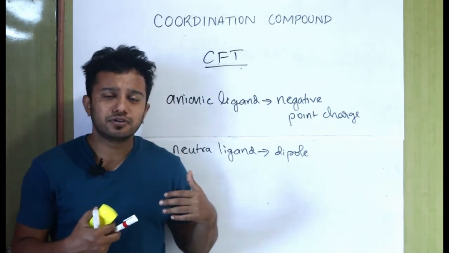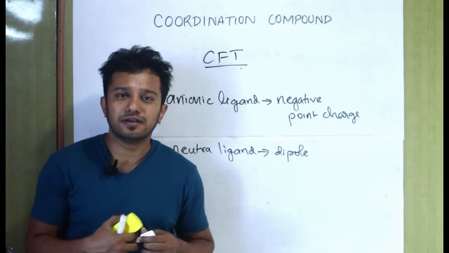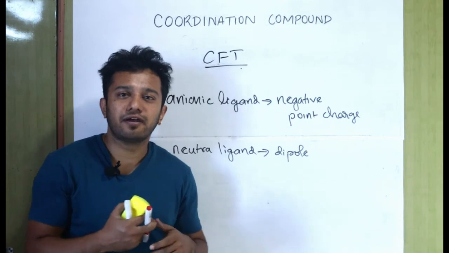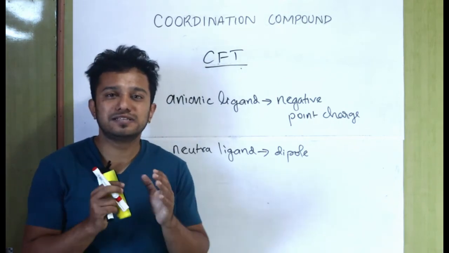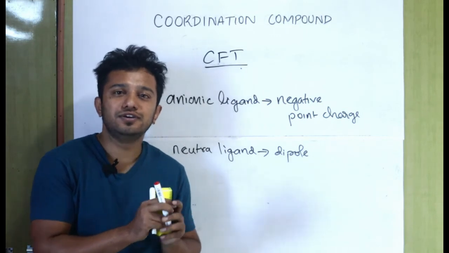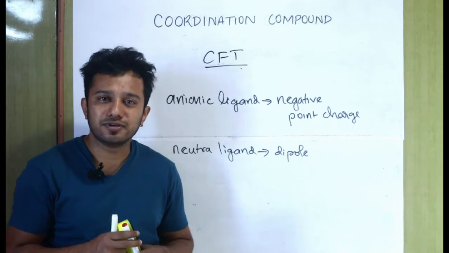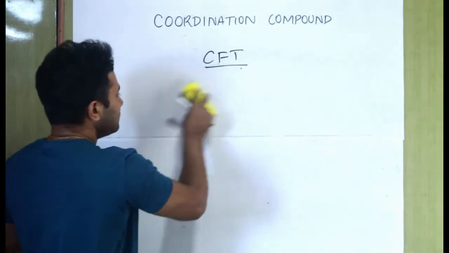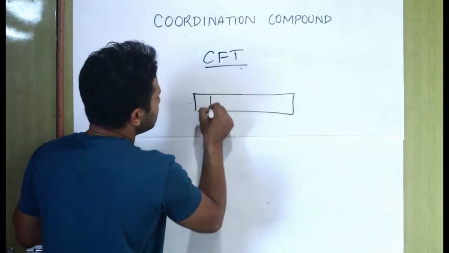So in crystal field theory, we are now going to look at the d subshell. When the d orbitals are in the ground state, they are highly stable. But when the ligands approach closer to the d orbitals, their degeneracy or stability decreases. So let's say these are the d orbitals.